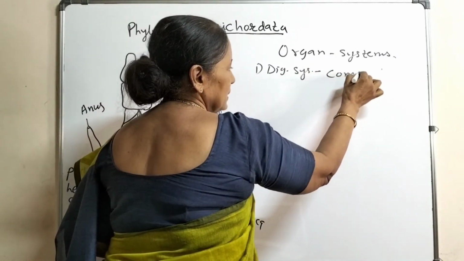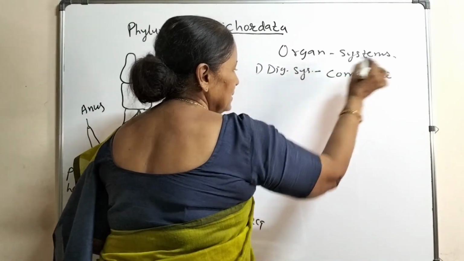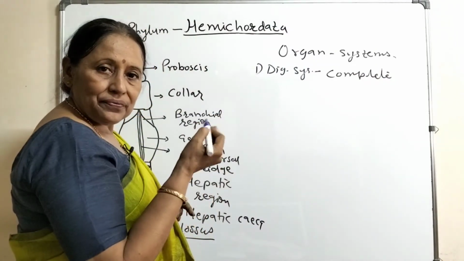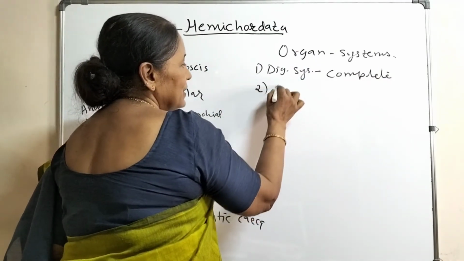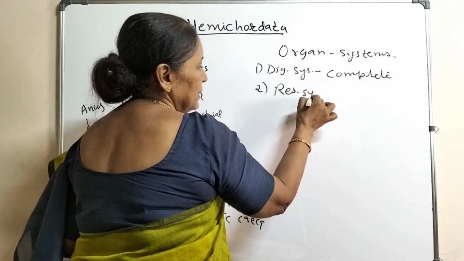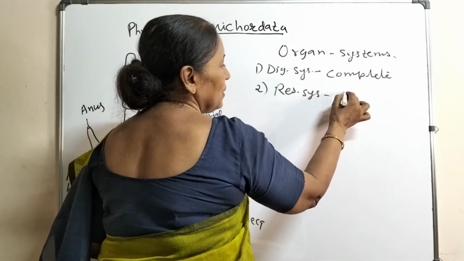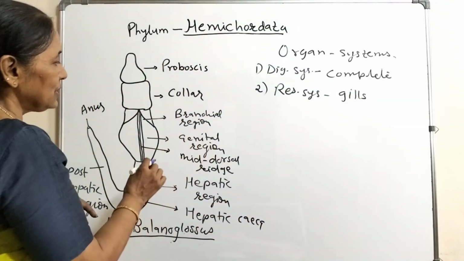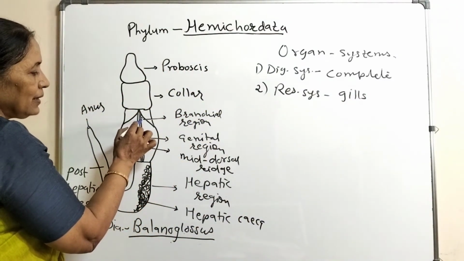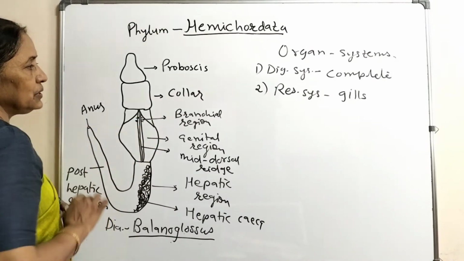Complete means with 2 openings, mouth and anus, one for ingestion, one for egestion. Second, respiratory system. Respiratory system is by means of gills, and you know the position where the gills are situated. This is the branchial region where the gills are situated.